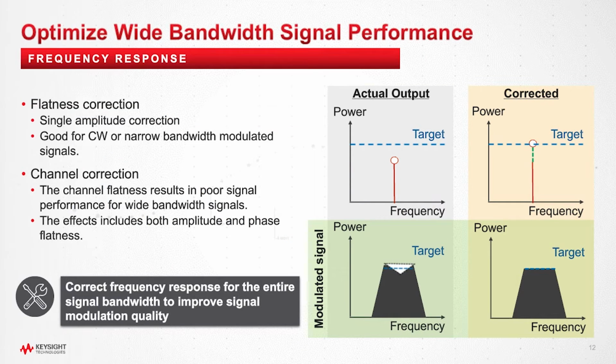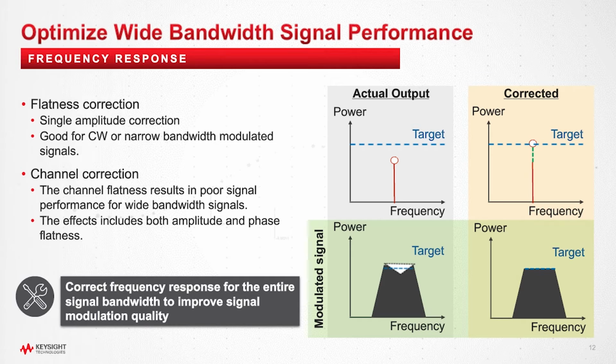In the previous session, we used the flatness correction to compensate for the insertion loss of external accessories. However, the flatness correction applies to a specific frequency point, as amplitude compensation. At a different frequency point, a different offset value is applied for the amplitude flatness.